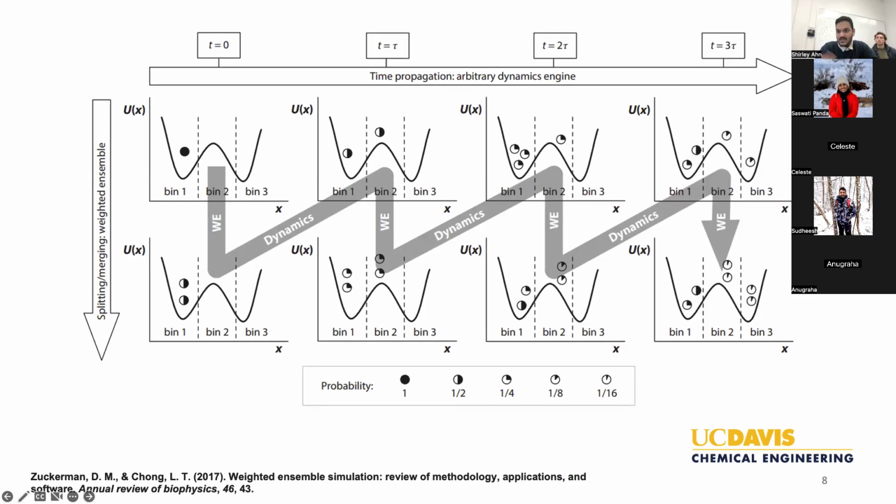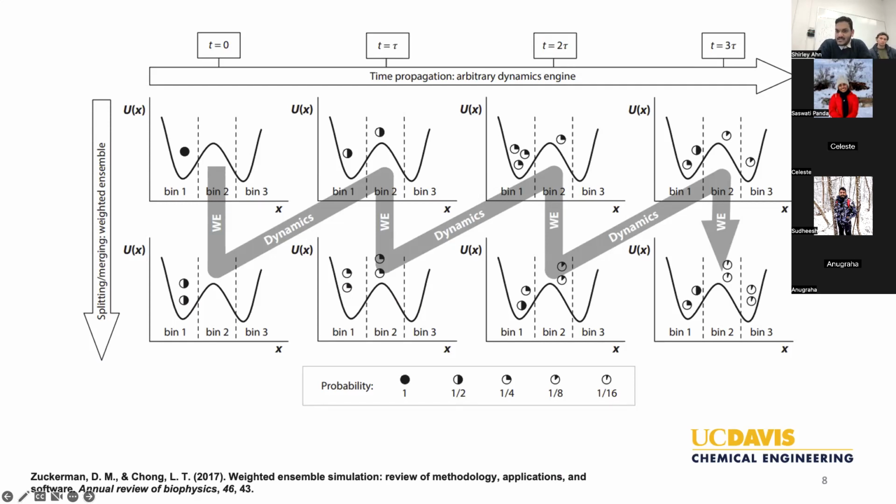That's the probability of the transition occurring; the weights are indicative of that. So we have two initial trajectories and then we run the dynamics. Dynamics is the general MD simulation that we do in this case. And then after we see the progress, we see that one of the walkers has reached a higher energy state, which is in bin 2.